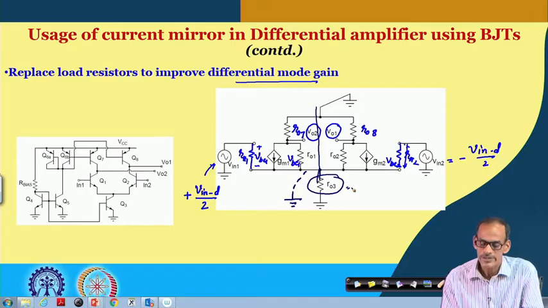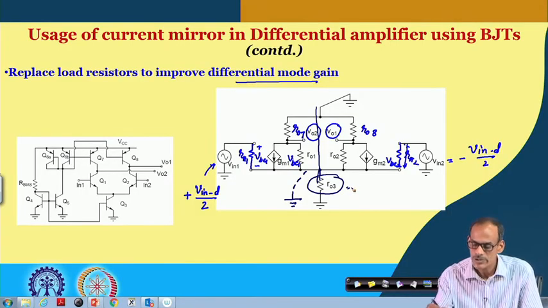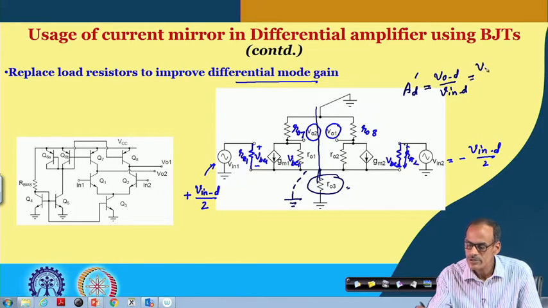By analyzing this circuit, we can find the corresponding differential mode gain, say A d dash, which is defined by V o d divided by V in d, and V o d is V o 1 minus V o 2 divided by this V in d.